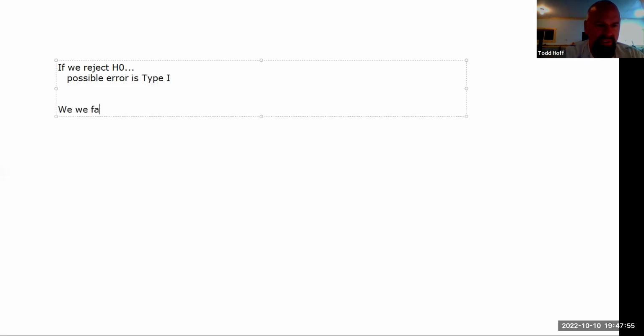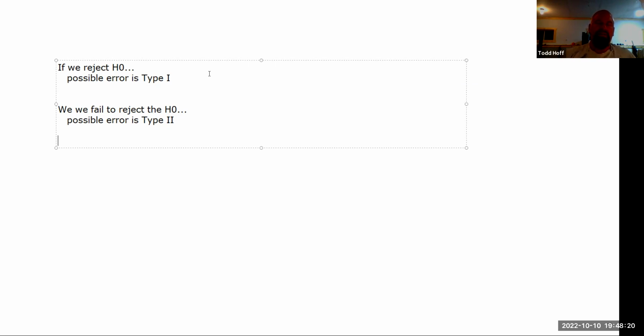If we fail to reject the null hypothesis, then the possible error is a type 2 error. And that's really all it's going to ask, is what type of error is possible. Well, if you rejected the null hypothesis, you'd say type 1 error is possible here. Or if you failed to reject, you'd say a type 2 error is possible.